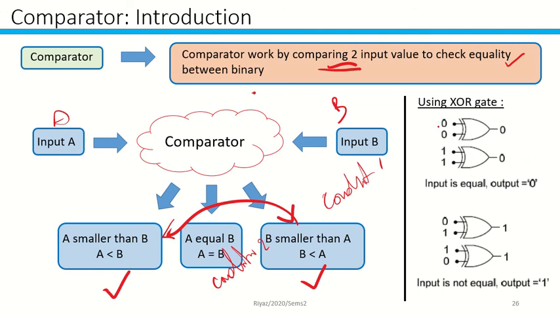For the XOR gate, whenever you have similar inputs, 0 0, you're going to have a 0, or 1 1, you're going to have a 0. So whenever the inputs are equal, the output is always 0. But when you have 0 1 or 1 0, because they are not equal, your output is going to be 1. So this is also a simple process of a comparator.